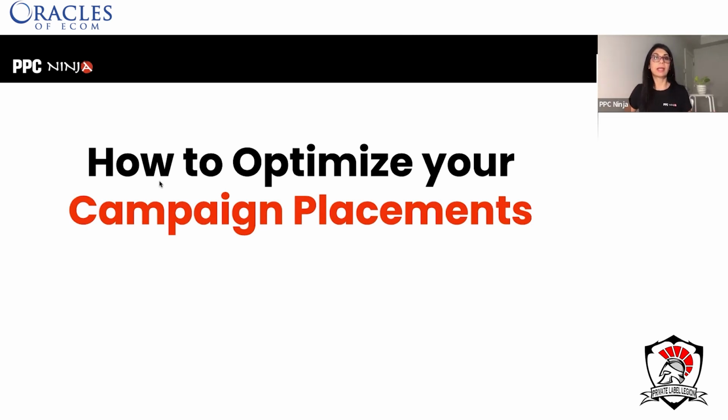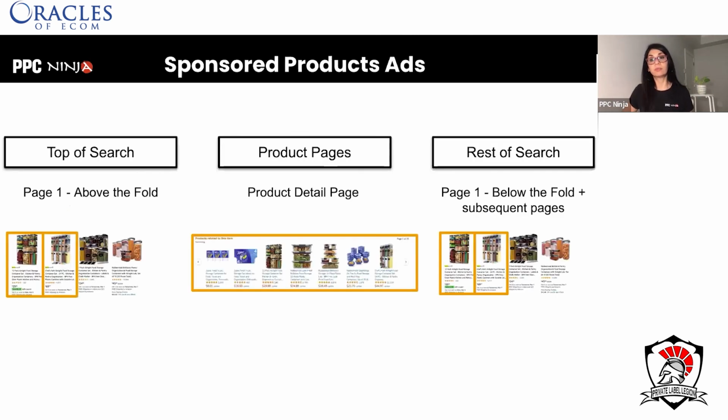Okay, so let's talk about how to optimize your campaign placements. And before that, let's talk about what placements are. When you run an ad on Amazon, they can choose to show that ad anywhere on their platform. Some of the common places in the case of sponsored product ads are top of search, which is the area above the fold, or product pages, which is the place where your product listing shows up, the product detail page.